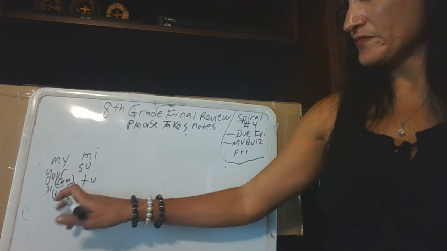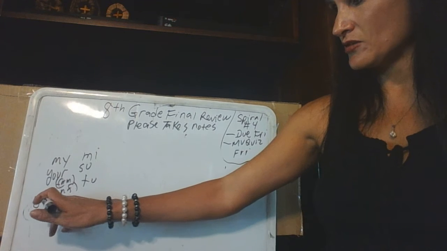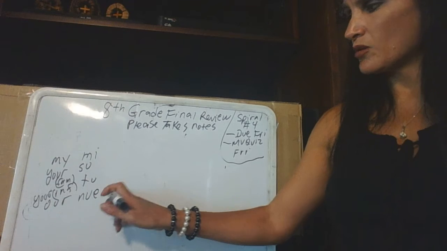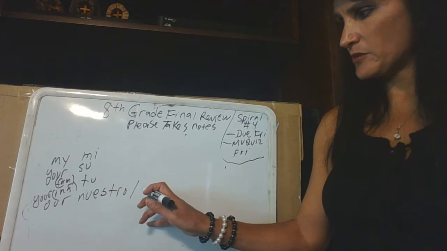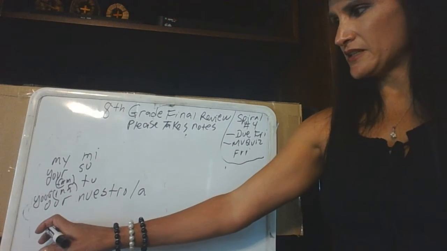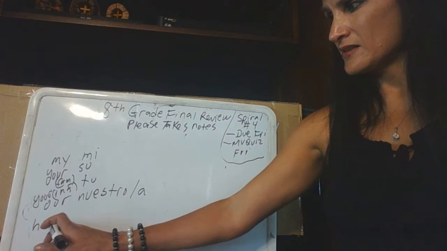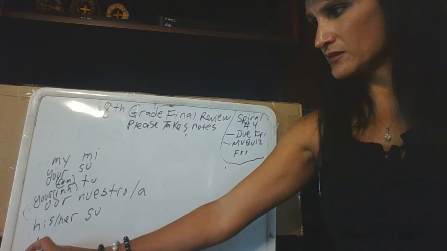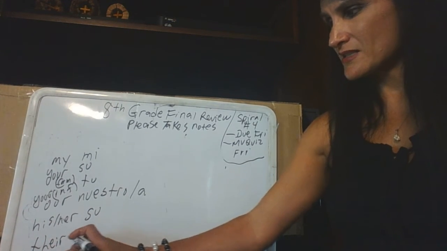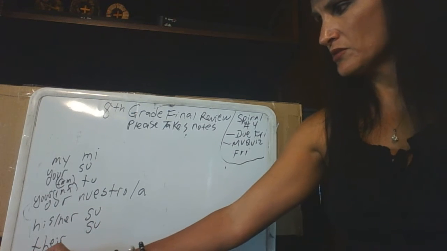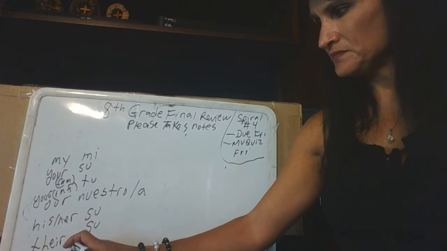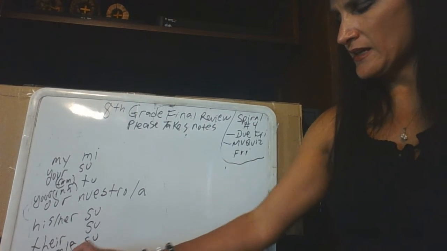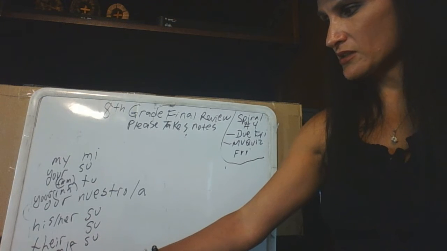Our is going to be nuestro, or nuestra if you're talking about a female noun. Then his and her are singular, so it would be su. Their is plural, but it's still su unless the noun is plural. And then your, formal, male and female, is going to be su. And then your, as in all of you, that's still su.